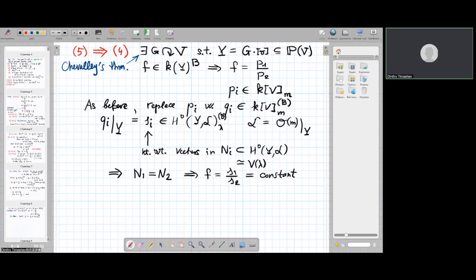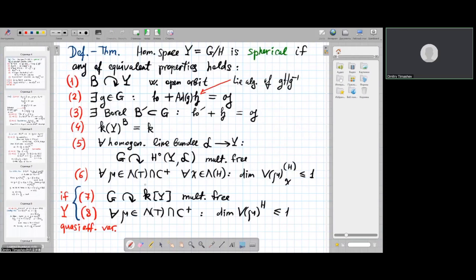Okay, so we have finally proved that, let me turn back to the formulation, conditions 1, 2, 3, 4, 5 are equivalent, and under quasi-affinity assumption, they are equivalent to the condition 7.